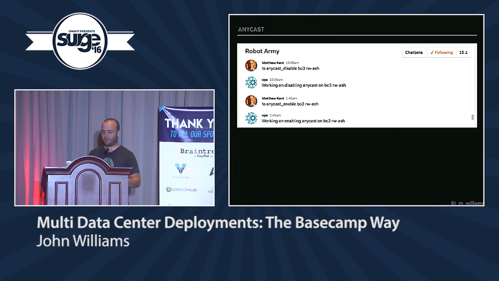Like Anycast disable Basecamp 3 and RWAsh, which is the name of a data center. And then we can enable it there too. We really try to do as much work as we can in ChatOps. When we build new ops tooling, we try to build it into ChatOps.